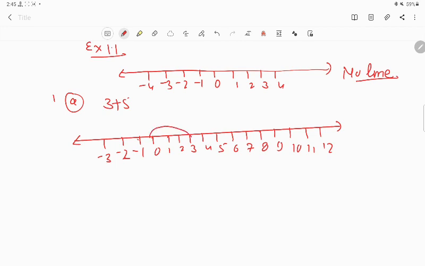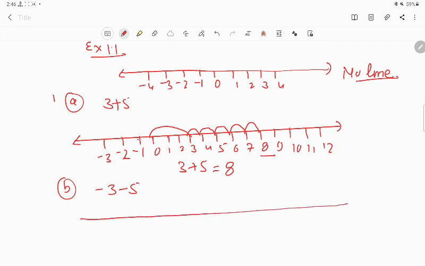So represent 3 on the number line. From 0 to 3, this is the 3, and from 3 count 5 steps to the right side because plus is given. So 1, 2, 3, 4, 5. This is 3 plus 5, which is 8, and represent 8 also on the number line. Now B is given: minus 3, minus 5.